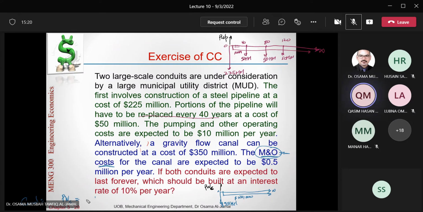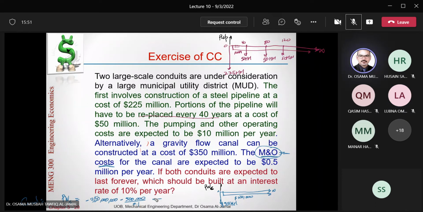Yes, Lubna. You said minus. Minus 350 million. Yes. Minus 500, no, half a million, 500,000. Yes, 500,000 over 0.1.